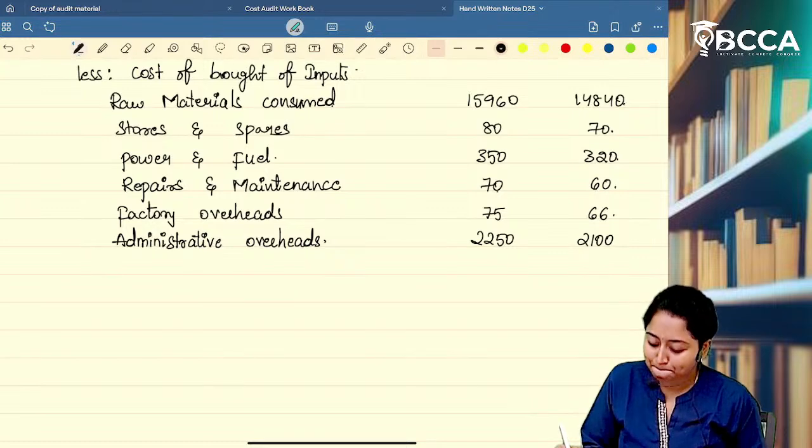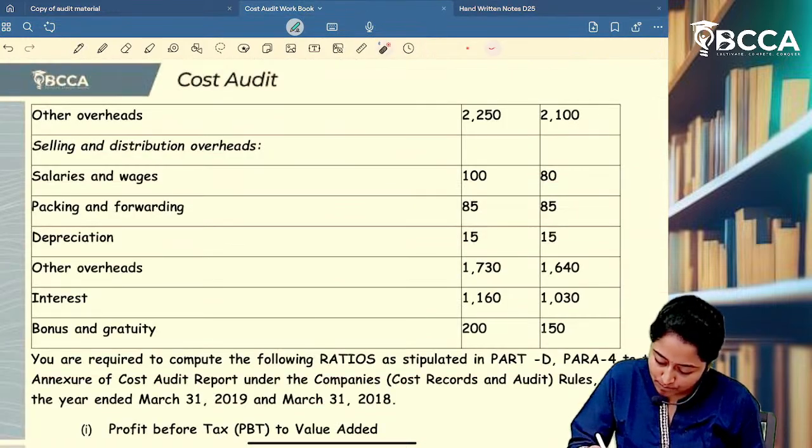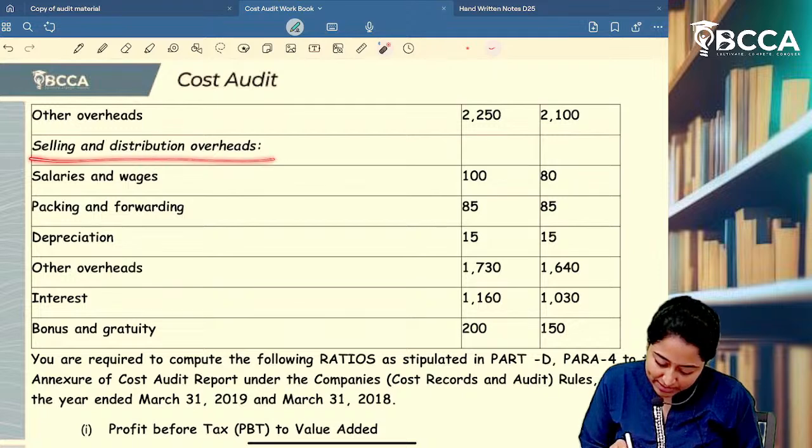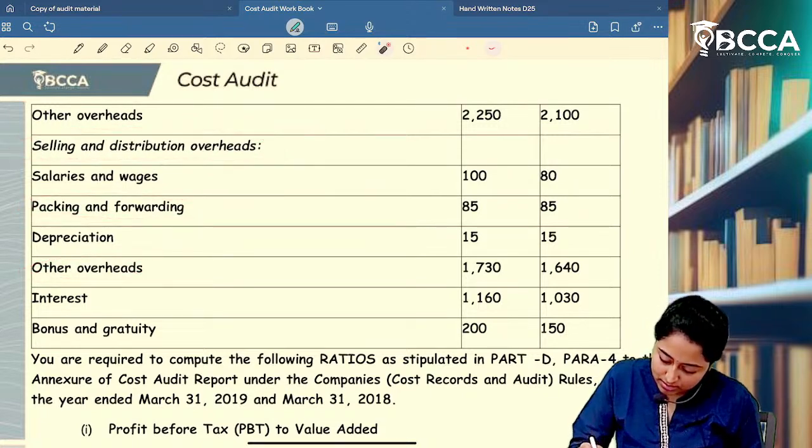Okay. Then, selling and distribution, packing and forwarding, other overheads.